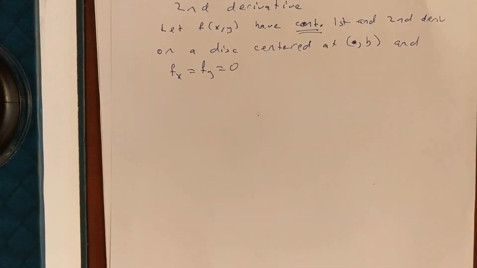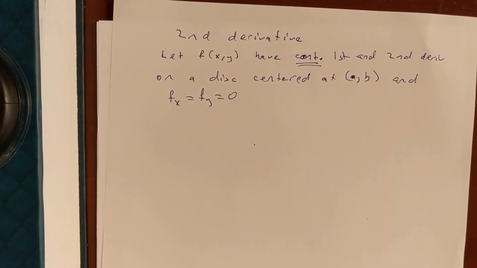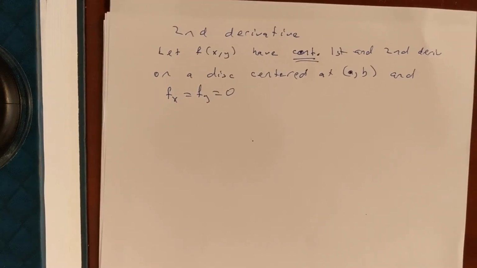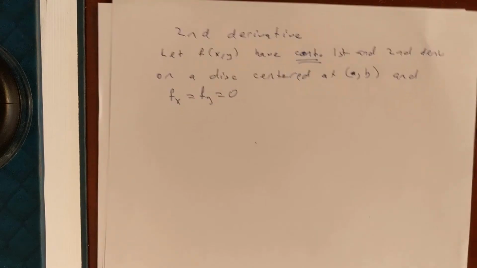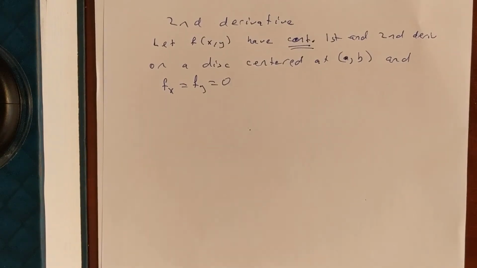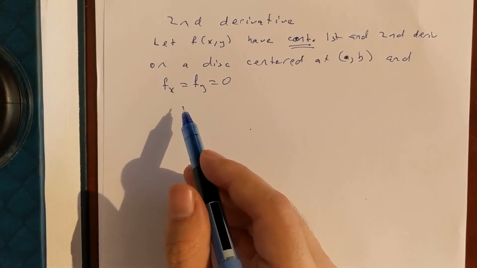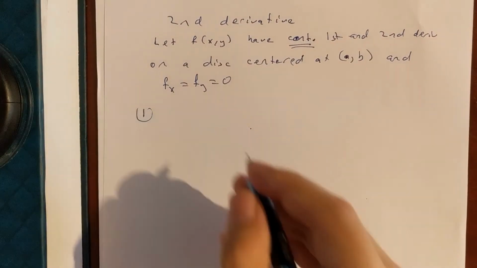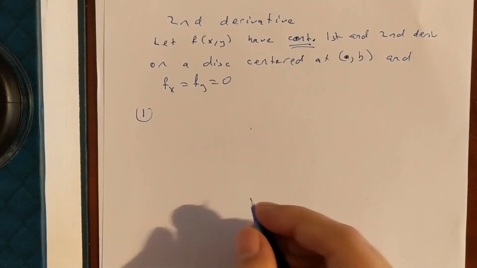Then we have 3 cases here, and now we're going to talk about these 3 cases. So we have a function that has continuous second derivatives, which immediately implies it has continuous first derivatives, centered around (a, b), so it's differentiable on some open neighborhood. And then we have a critical point: f_x and f_y are both 0. Now we're going to look at the following.